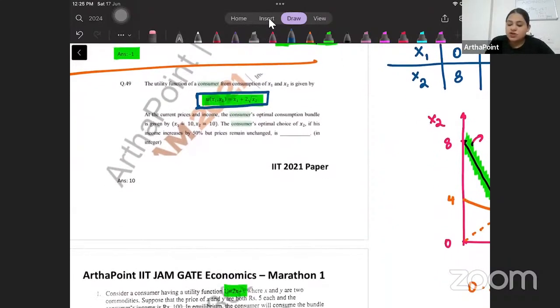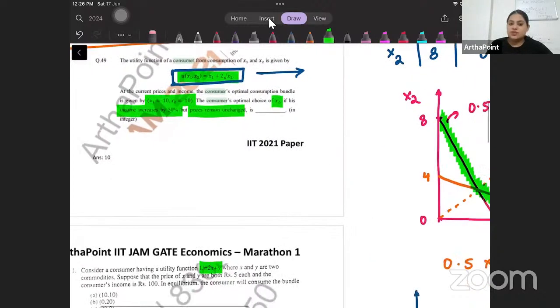So utility function is x1 plus 2 root x2. And it says that you are initially consuming x1 as 10 and x2 as 10. And now it says income increases by 50%. Prices are unchanged. What will be the demand of x2? So let's see.